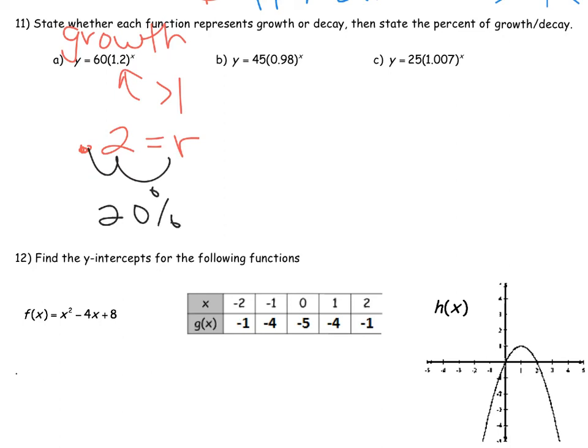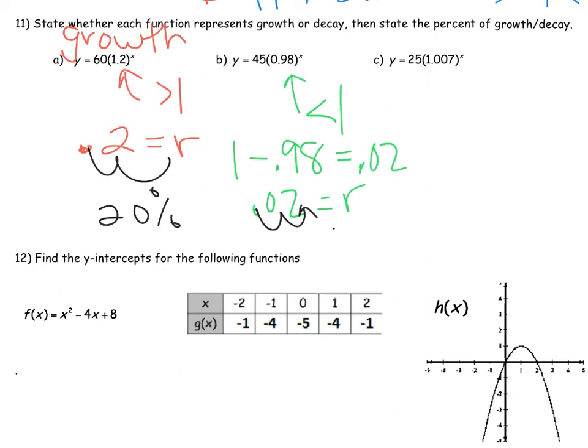If I look at letter B, okay, and look at the number inside the parentheses is less than 1. And how much less than 1 is this? Well, 1 minus 0.98 is 0.02. So the rate is 0.02, and if I were to write this as a percentage, that's a 2% decay.